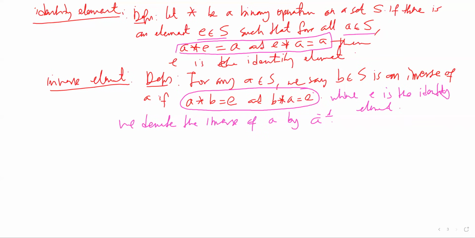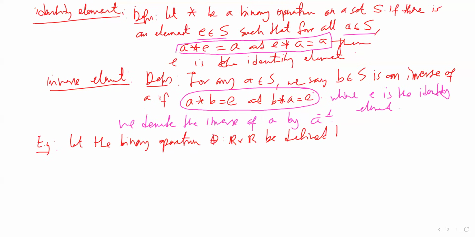So let's take an example. Let's take a binary operation on R, and let the binary operation be defined by A star B is equal to A plus B minus 1.